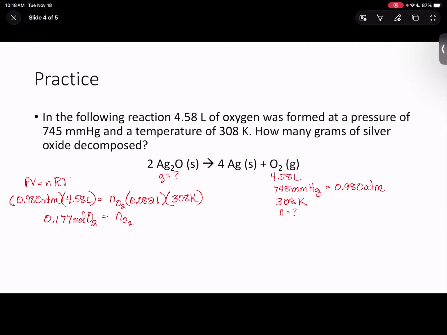Now that I have moles of oxygen, I can use mole-to-mole ratios and stoichiometry. So I'm going to take that 0.177 moles of oxygen and I'm going to convert that into moles of silver oxide by the fact that 1 mole of oxygen is produced for every 2 moles of silver oxide that react.